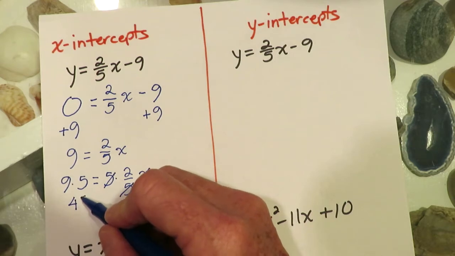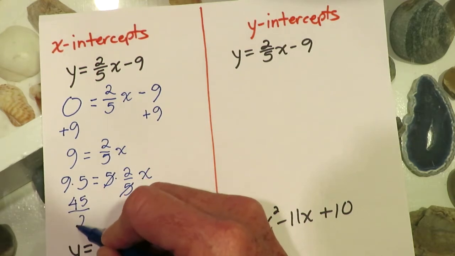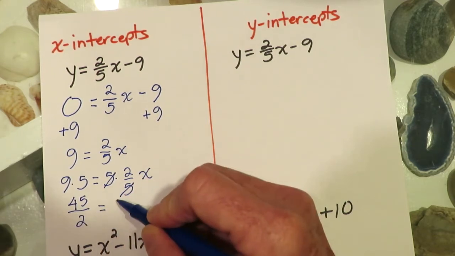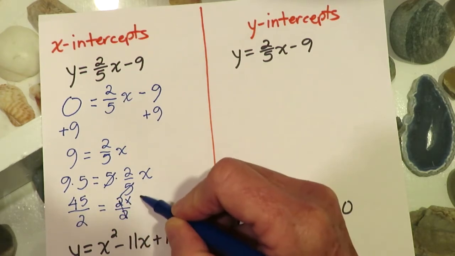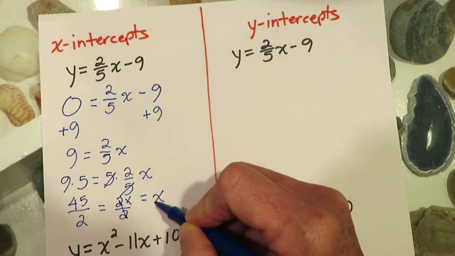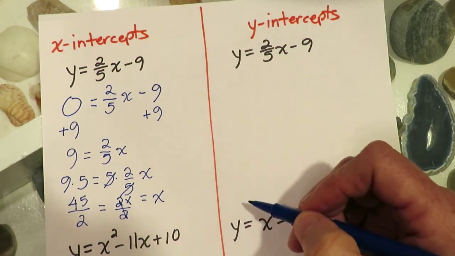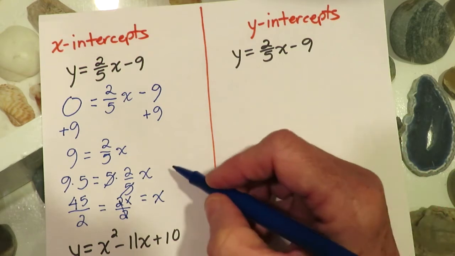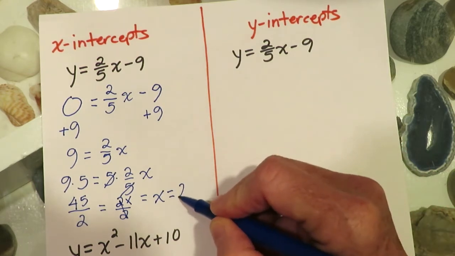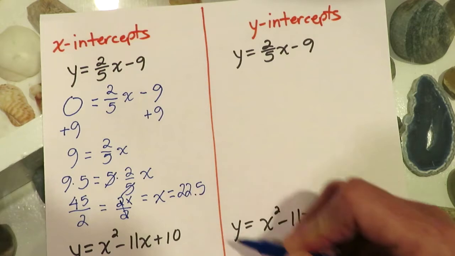So 9 times 5 is 45, divided by 2 gives me 2x divided by 2, and so the x-intercept is 45/2, or 22.5.